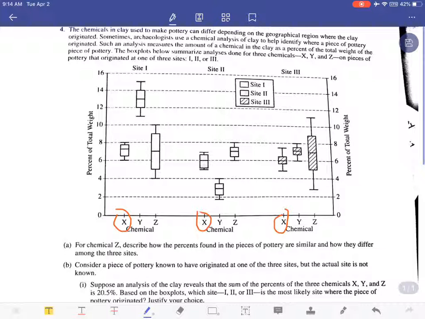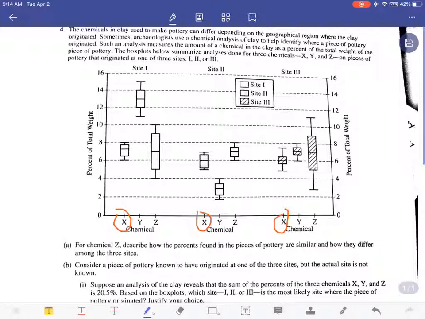They have low variability, and their medians are all within like 1.75 of each other. So that's probably not going to be a good indicator of what site it came from, because especially when we look at sites 2 and 3, they have the same median. So if I had a piece of clay sample that was 6, I wouldn't know if it's coming from site 2 or site 3.